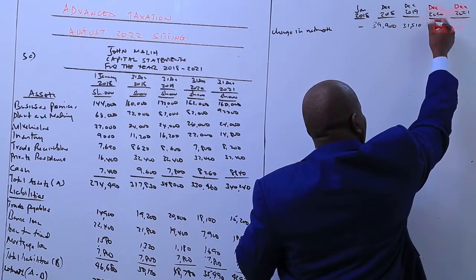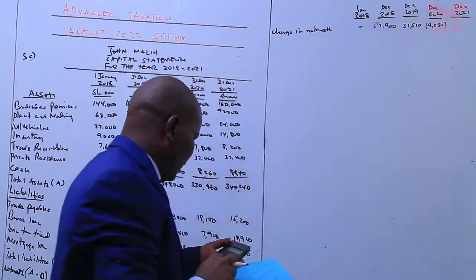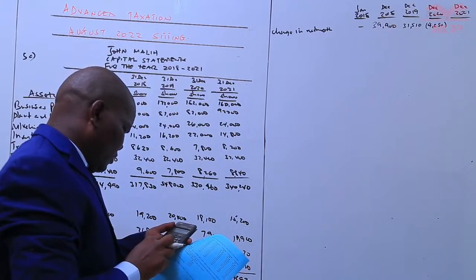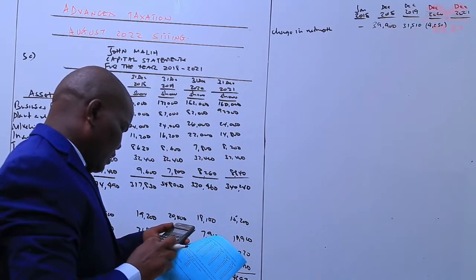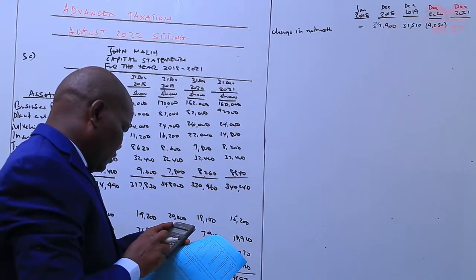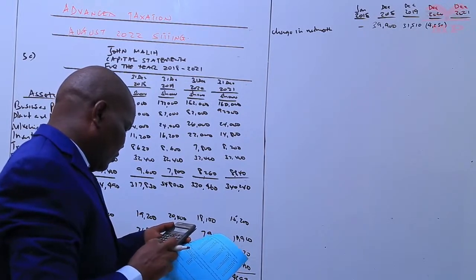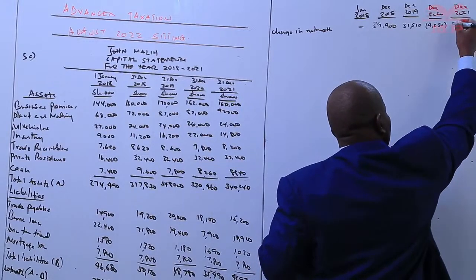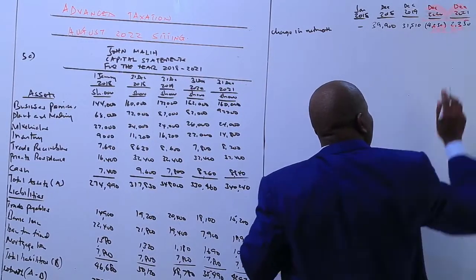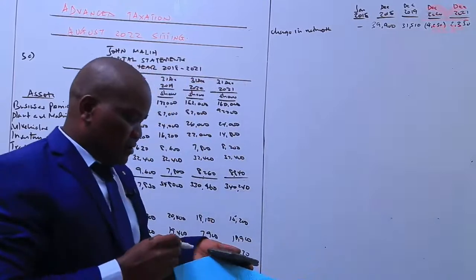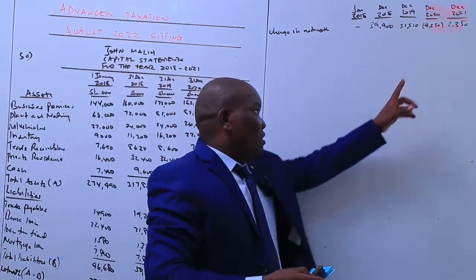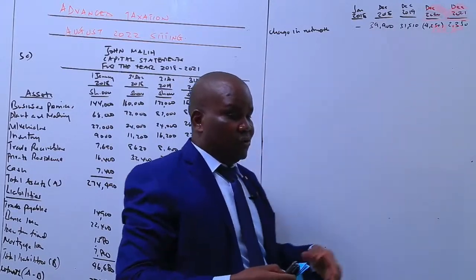And lastly, we have 297,320 less 294,970. I get 2350 positive. Good. So in short, it means for each of the years, these were the profits made, except for 2020 when there was a loss of 4250.